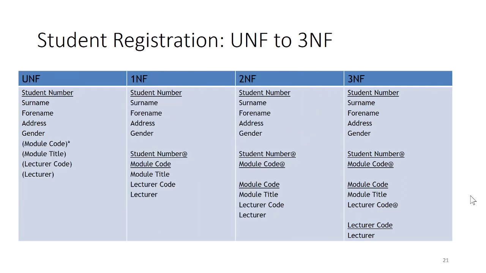The first one was a group of attributes which we received as a student registration form, and it included two parts technically, repeated field attributes and also non-repeated. The rule for first normal form from UNF to 1NF was check groups, repeated versus non-repeated.